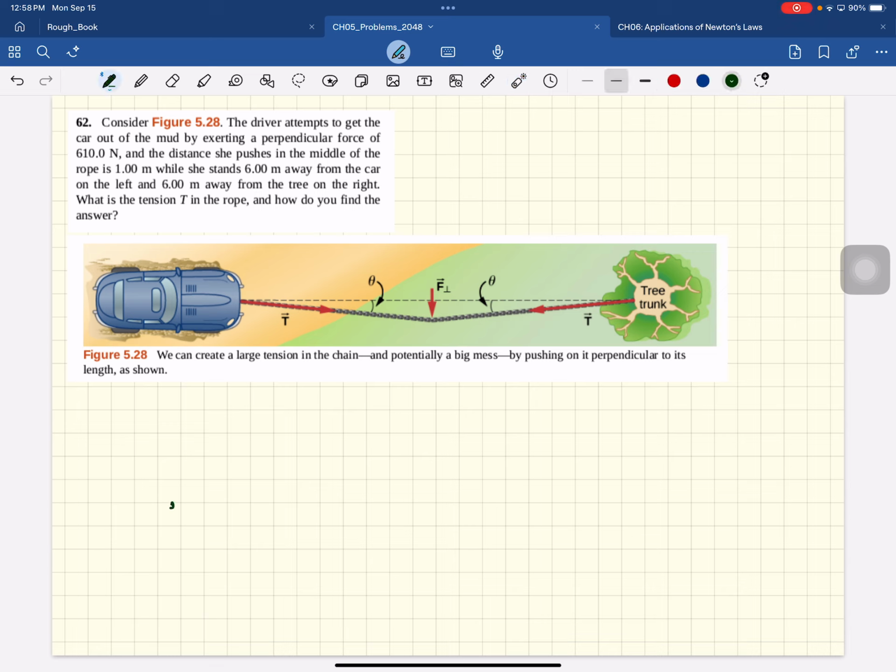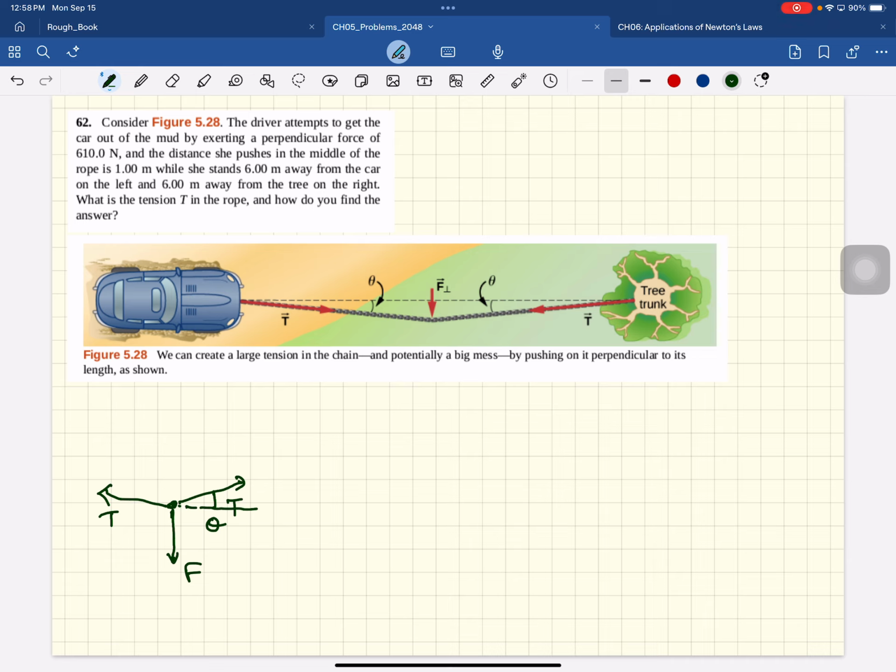So that link is at rest. And so Mr. Newton tells us that those three forces must add up to 0 because that link is at rest. All right. Well, so there's this angle theta, and let's find that theta.